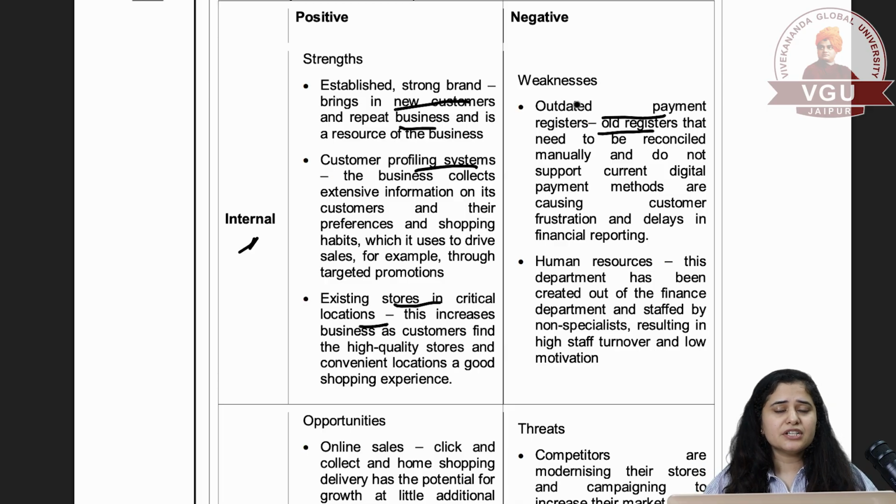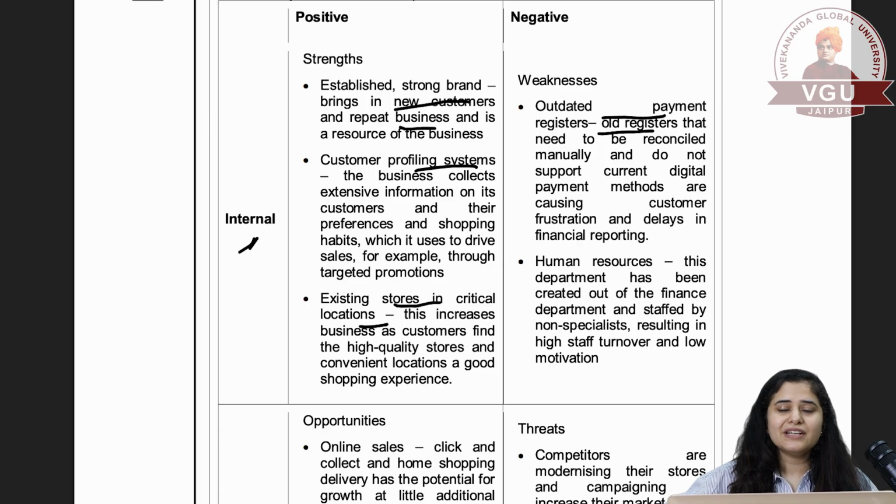We are still using the manual registers. We are not going into software, and this is causing frustration or delay in the financial reporting from the customer point of view. So this is negative, and negative is the weakness. Or maybe our HR department is still manual, it's still not streamlined. So these are the strengths and weaknesses.